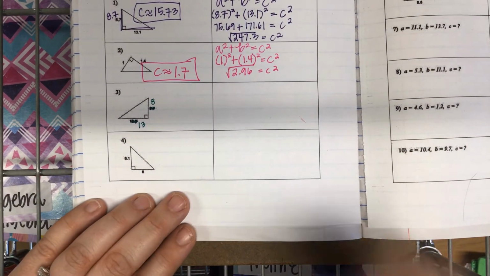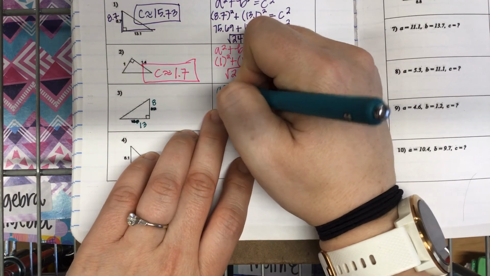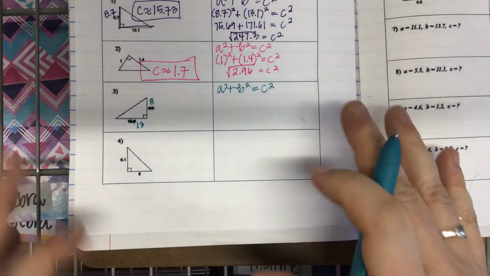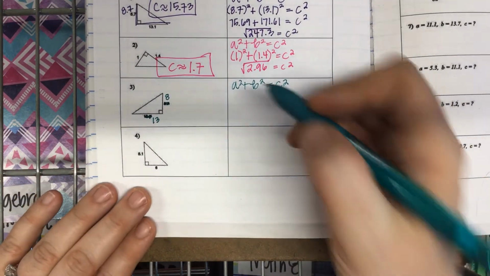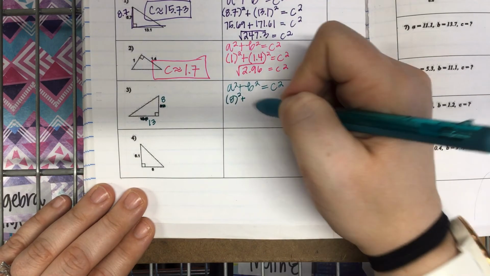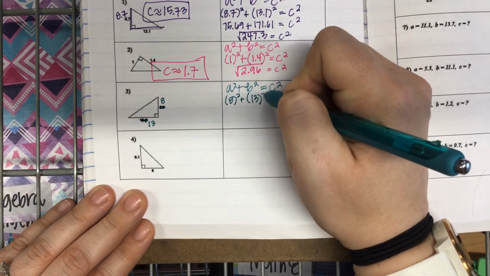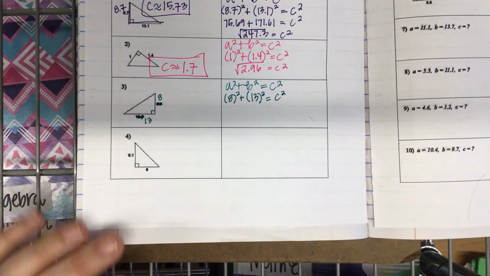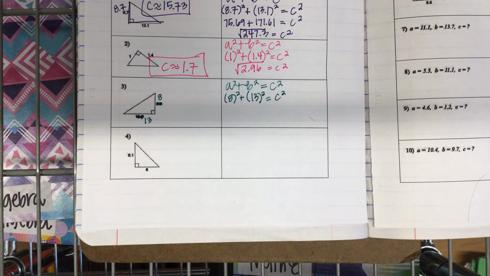So we're going to substitute. Again, a squared plus b squared equals c squared. What's my a value? 8. What's my b value? 13. And my c value, I don't know. Today, we're always going to be looking for the c value.